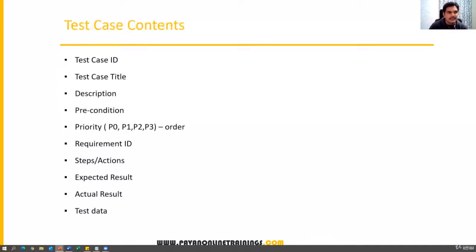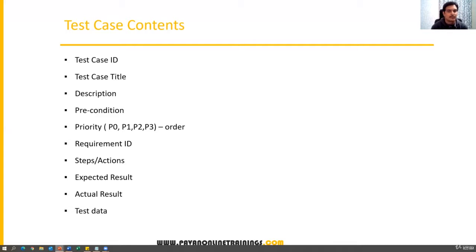Then, a test case is also a document, guys. It also contains different options, like a test plan. Initially, test cases will be prepared in either a Word document or an Excel document. Later, we will upload these test cases into test management tools. Because at the early stages, as soon as we have written the test cases, we don't directly upload them to the tools, because we have to conduct multiple reviews with the team, and they will give us feedback and ask us to make some changes in our test cases.